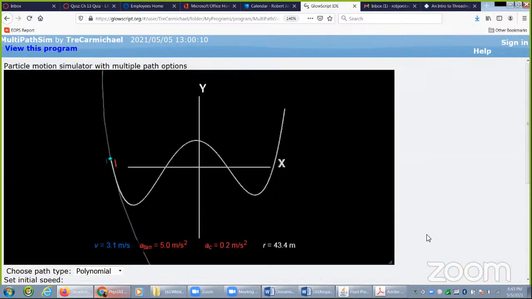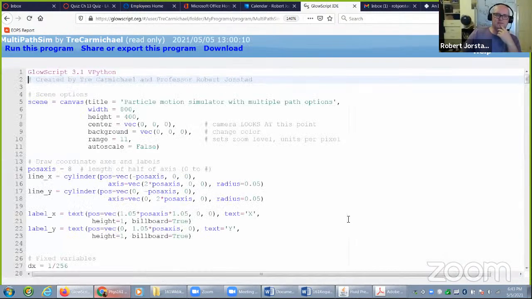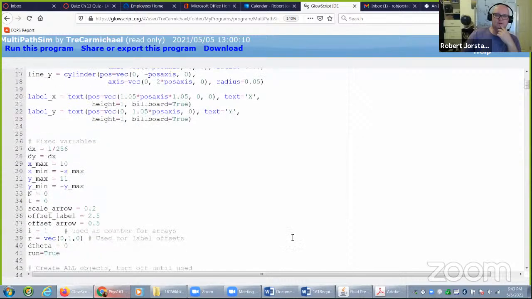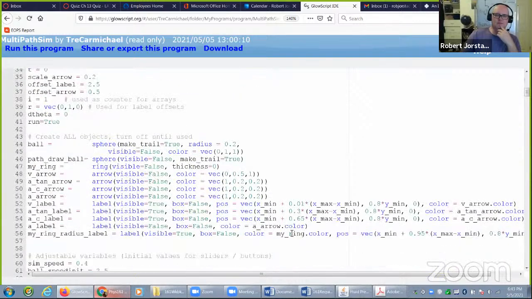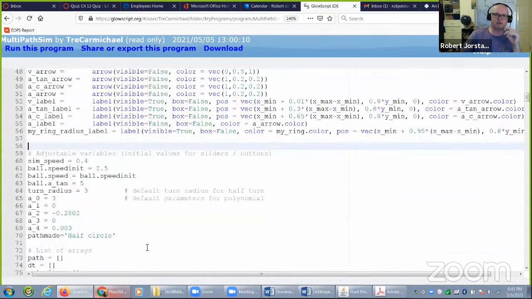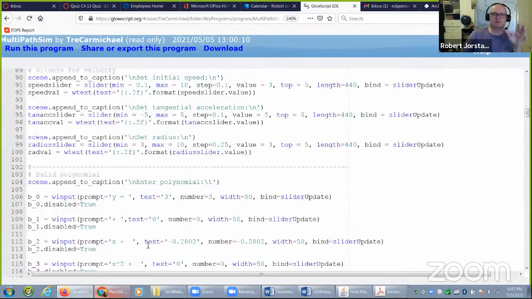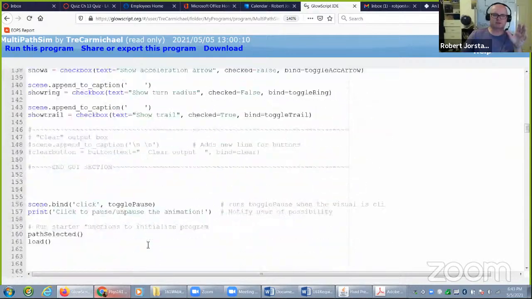Check this out. Even though it's messy, these are things you did in your rotation lab, AC and all this stuff. And okay, this is kind of long and ugly here, but this is all just stuff for the visuals. Who cares?